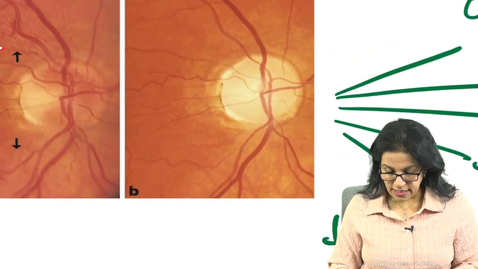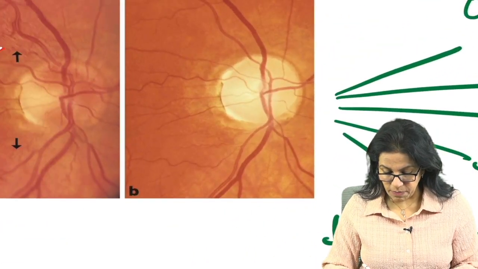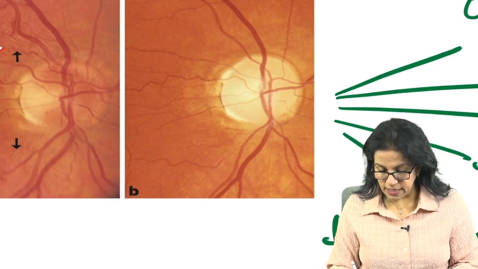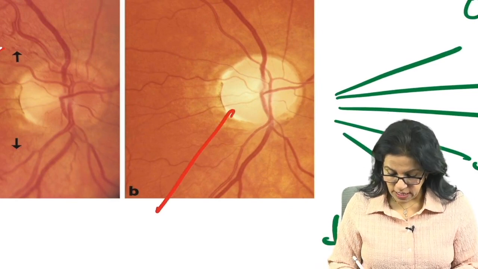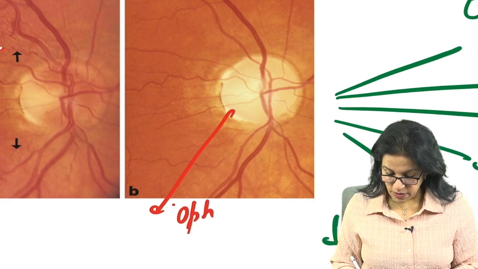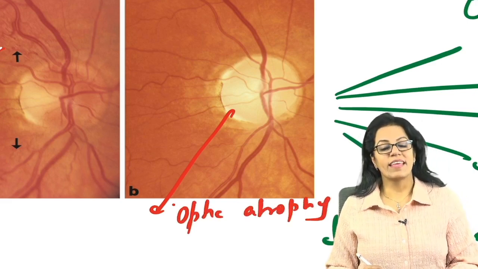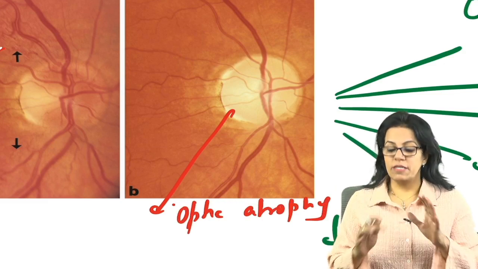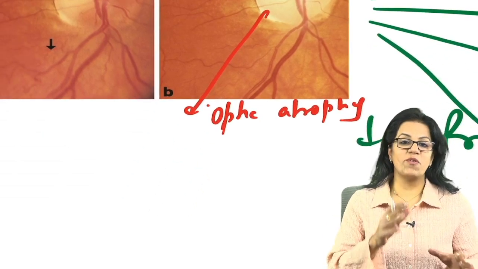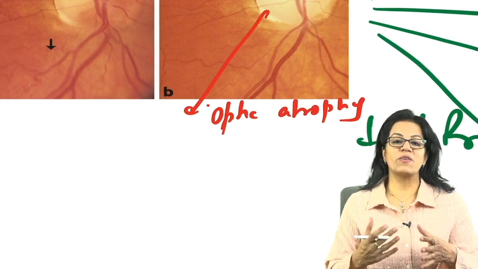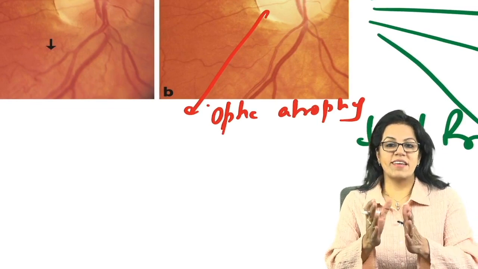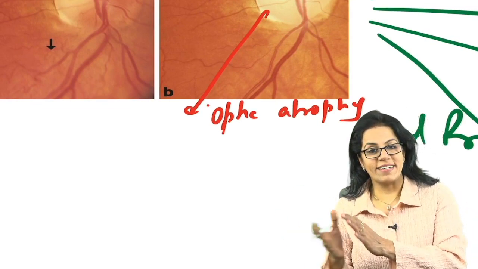Look at the second slide. Slowly the optic disc is all becoming pale. First it was temporally pale and then now the whole of the optic disc is showing you an optic atrophy. So any long-standing disease will lead to optic atrophy, isn't it? Now, when you talk about Leber's, what is the type of optic atrophy? Please revise your classification of optic atrophy: primary, secondary, consecutive, and glaucomatous.